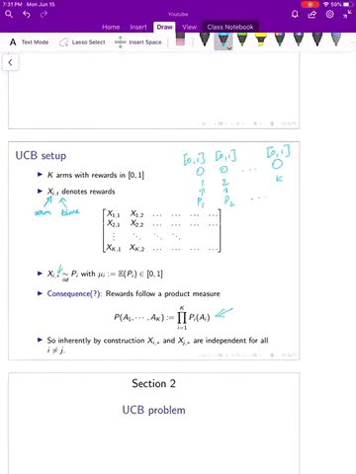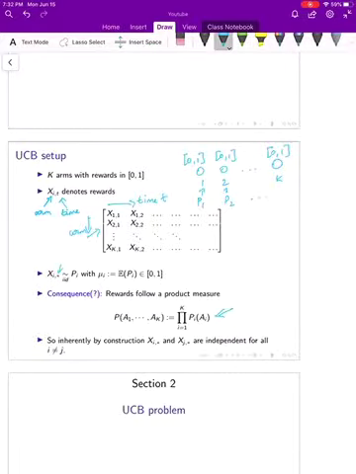So this matrix is showing that this is the time axis, time t, and this is the arm axis. So as time evolves, the rewards you would get are X_1,1, and so on, as the matrix shows.